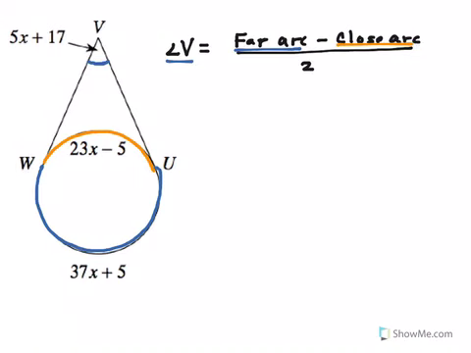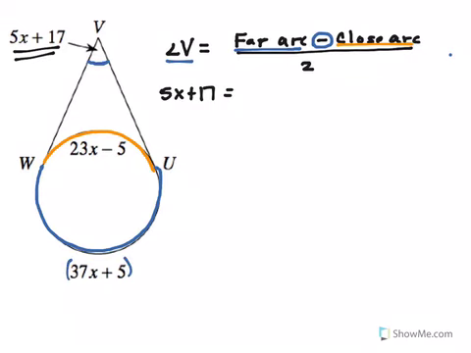So if we're going to set this up so that we can do some algebra and solve for x, we would just fill in V is equal to 5x plus 17, so 5x plus 17. That is equal to, and we have to be careful here because we are subtracting, we need to use parentheses because we have expressions.